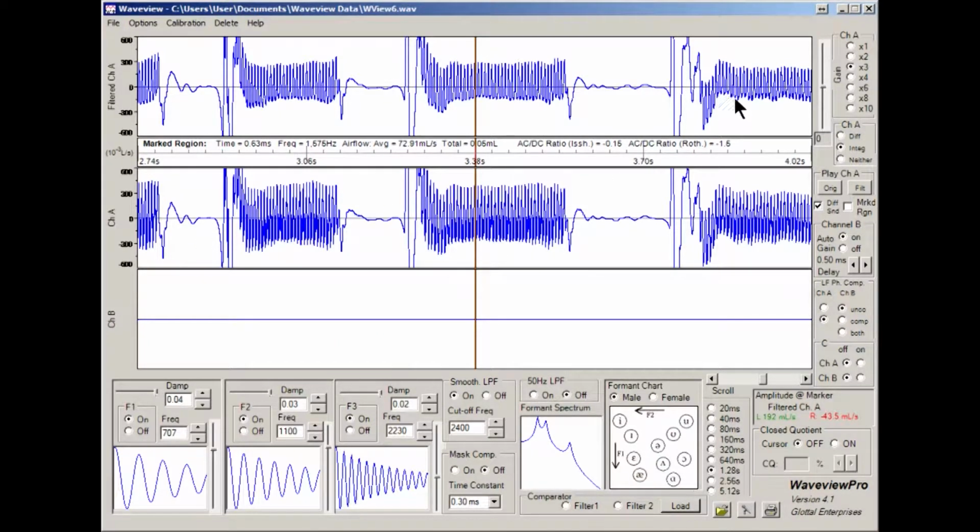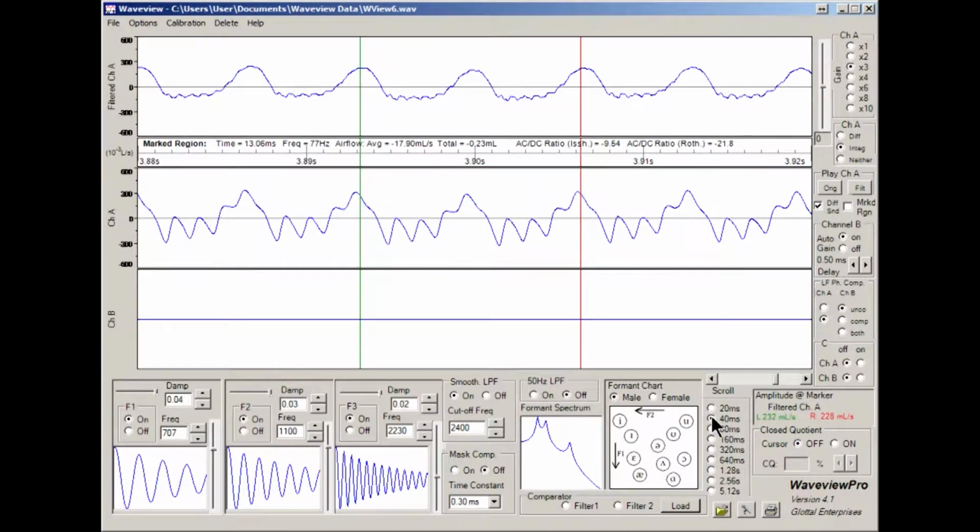Let's go to the next vowel, which is here. Now I'll take some part of the steady state vowel and put the left and right cursors in it and expand that, and that'll show me the waveform.